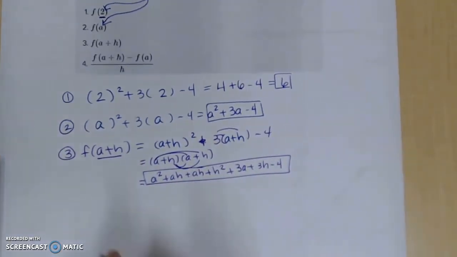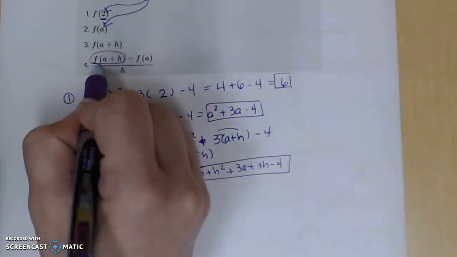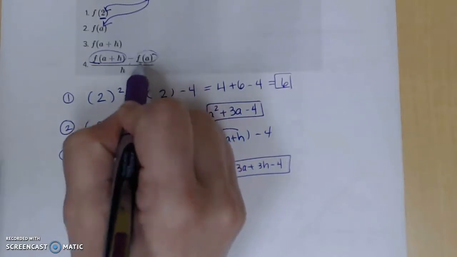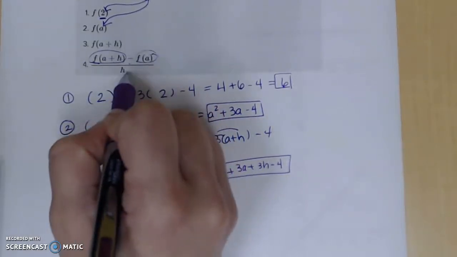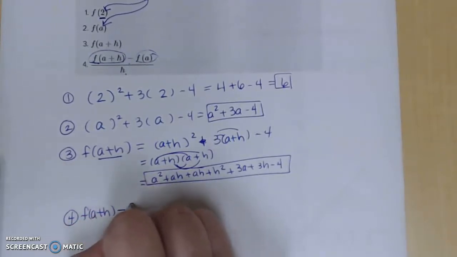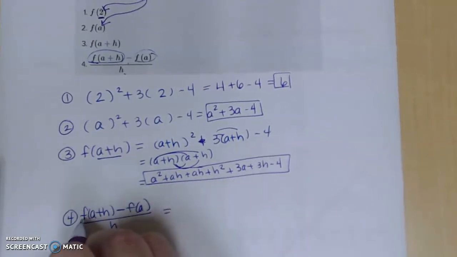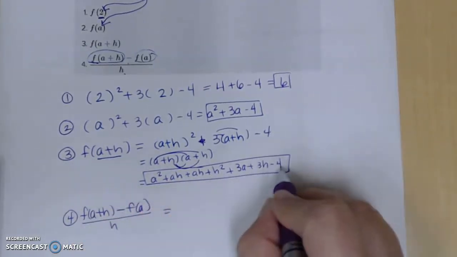Now I did all that work because number 4 is going to have us put pieces together. It wants us to take number 3 minus number 2 and divide it by h. You can see we've already done these individual pieces. So I'm going to go ahead and write that. So I'm going to take f of a plus h, which I know to be equal to all of this.